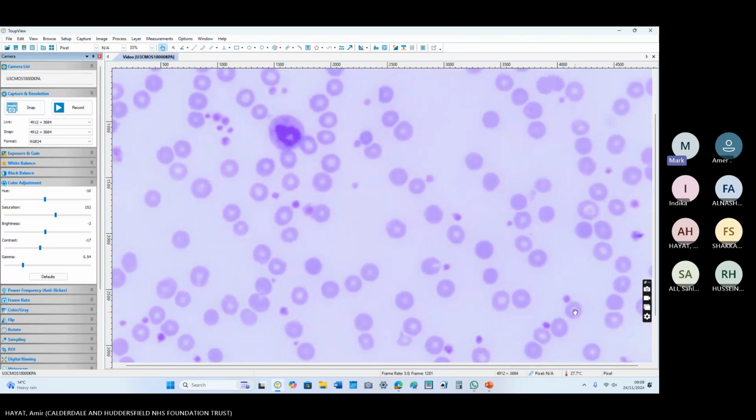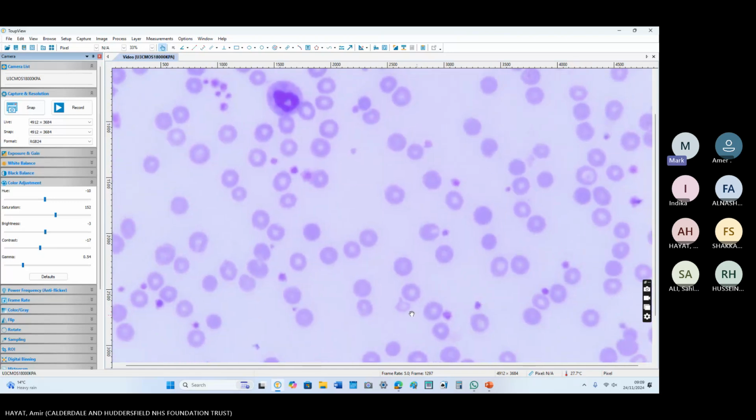I thought there might be a few monocytes about, but I haven't seen one yet.